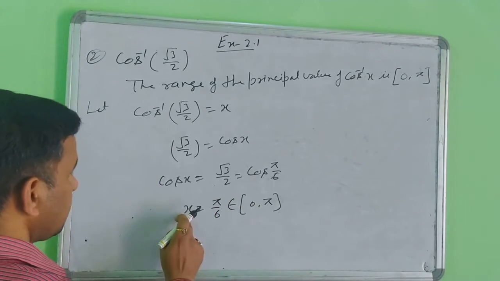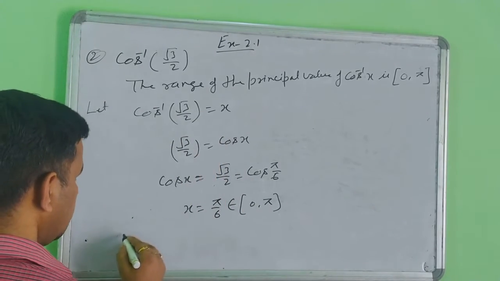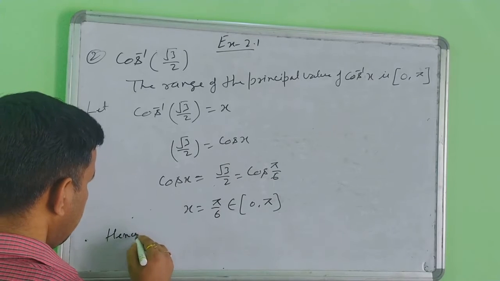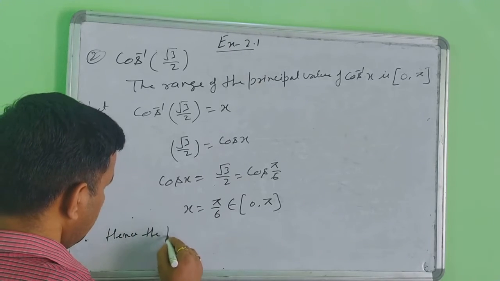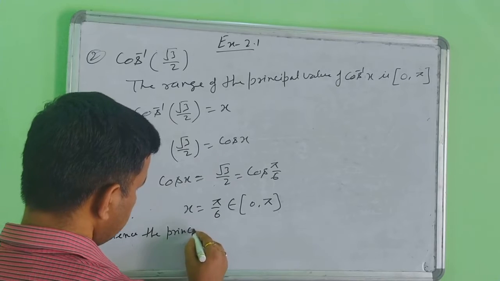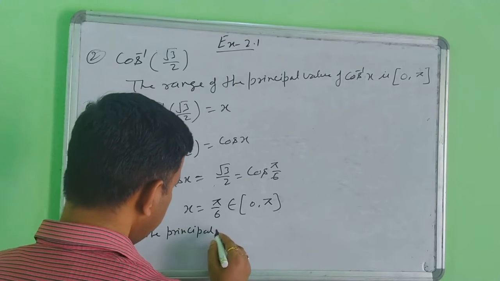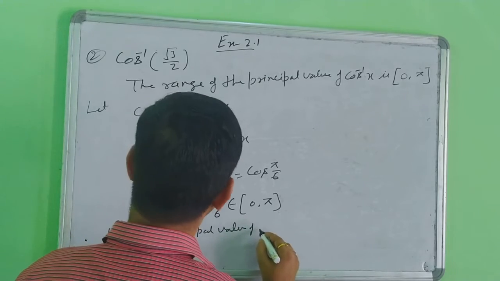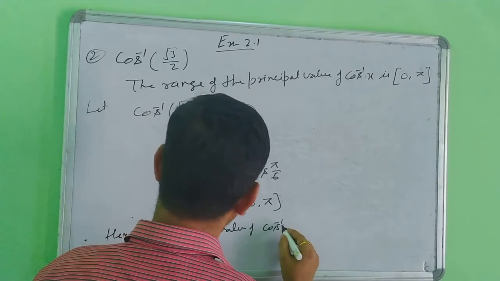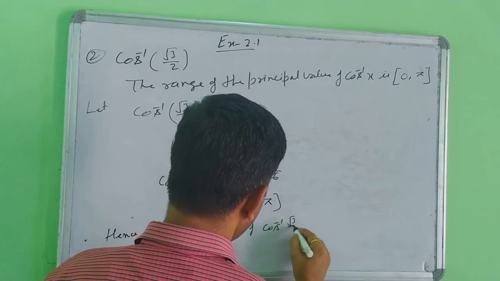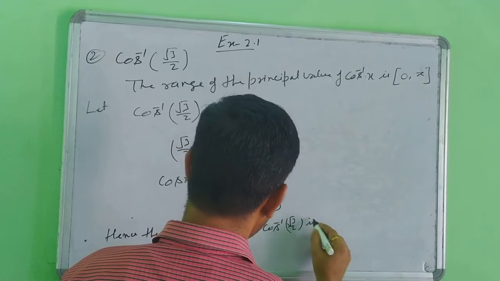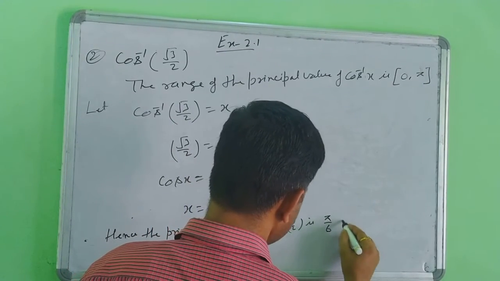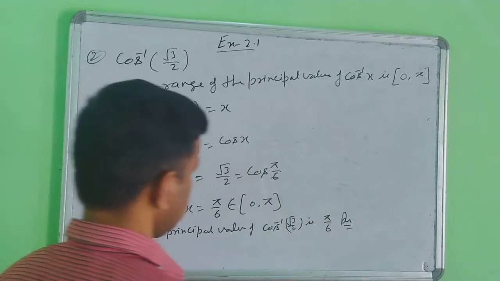Hence you can write here, hence the principal value of cos inverse root 3 by 2 is pi by 6. This is your answer.